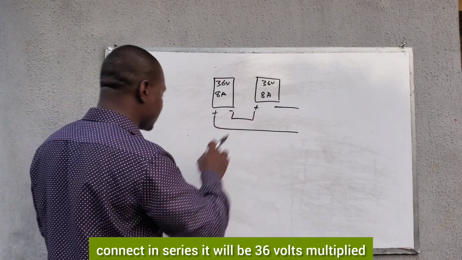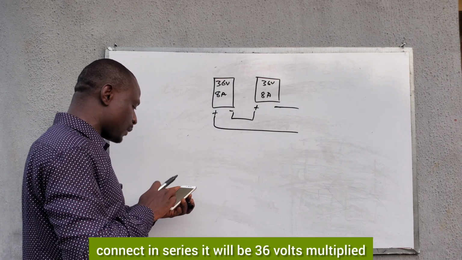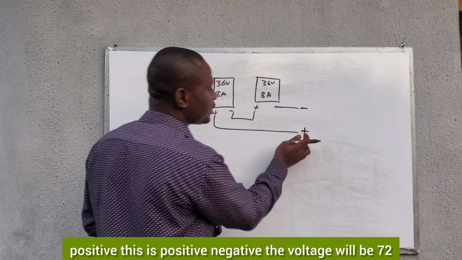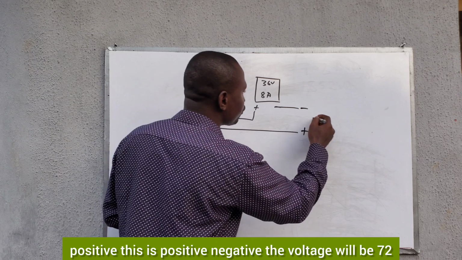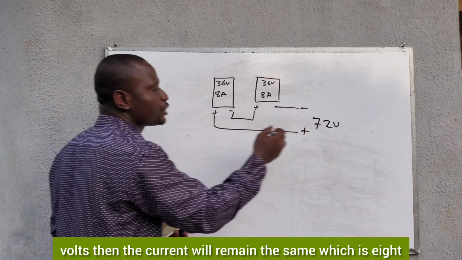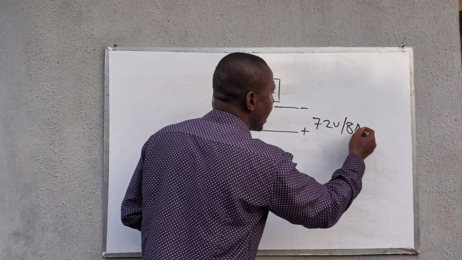In series, voltage will double, but current will remain the same. So it will be 36 volts multiplied by 2, so the voltage will now be 72 volts. The current will remain the same, which is 8 amps.